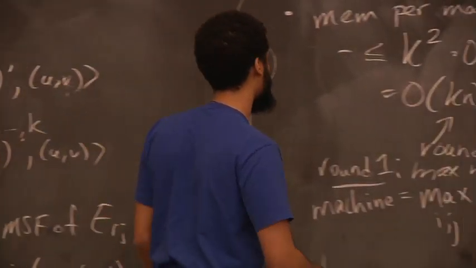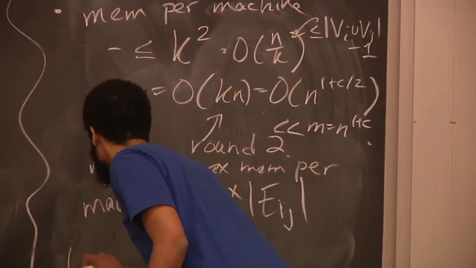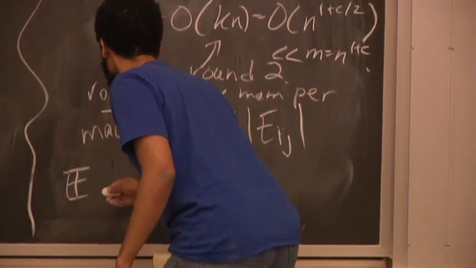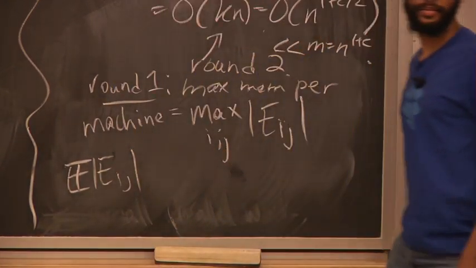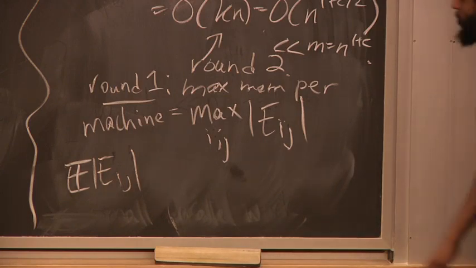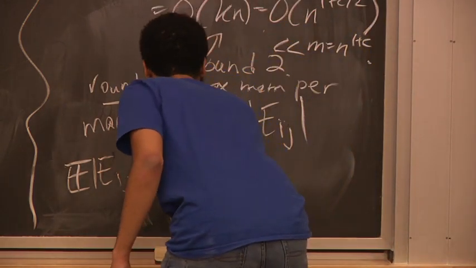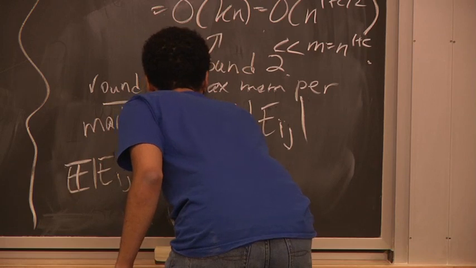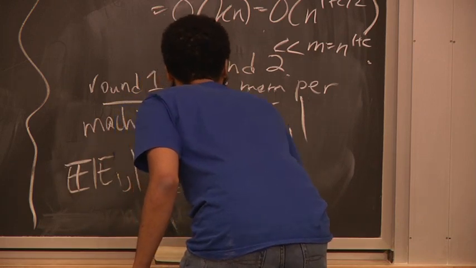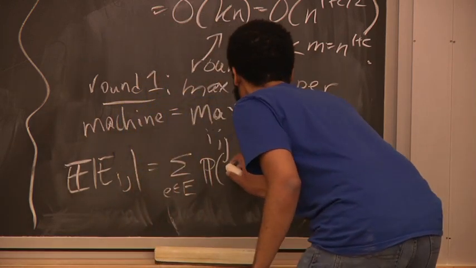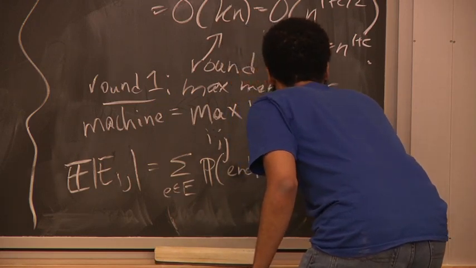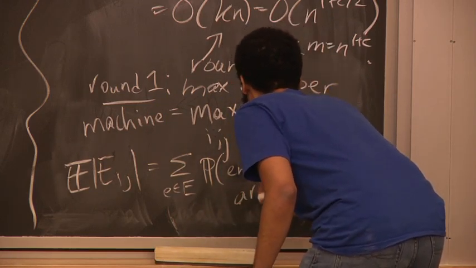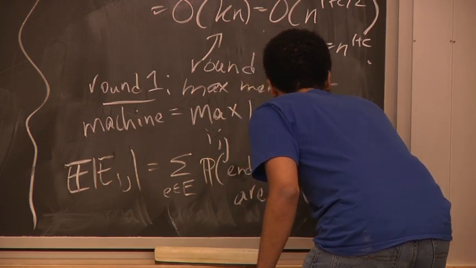And what's the expected size of Eij? Well, it's the sum over all edges of the probability that the endpoints of e are in Vi union Vj.